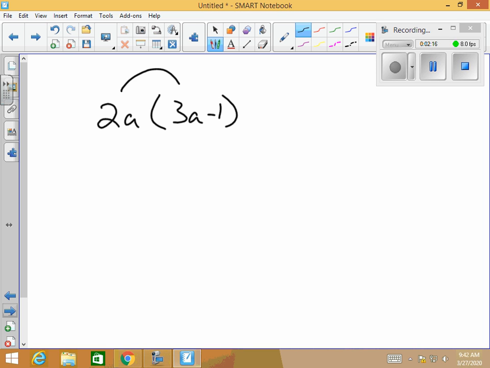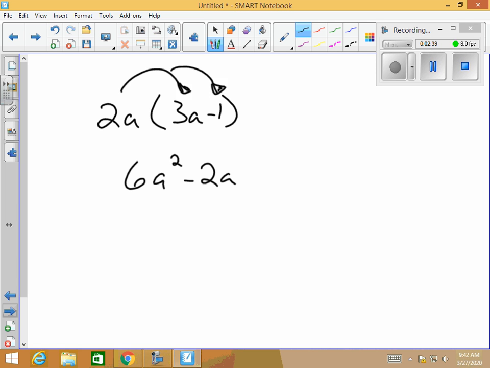It gets multiplied into both of those guys, right? So 2a times 3a, 2 times 3 is 6, a times a is a squared, and then I take the 2a times the negative 1, I get negative 2, and I just have the 1a. So really, to distribute is not all that difficult.